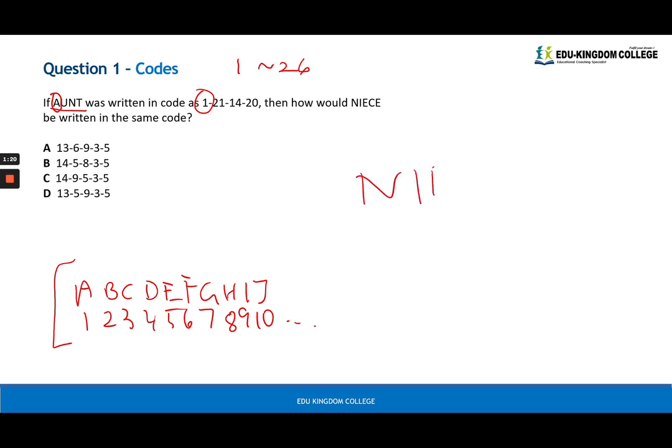Okay, let's write it out big actually. So 5 will go here, C is 3, and I is 9. N is actually 14 if you keep writing it. And the code that is most similar to that is C, exactly the same.